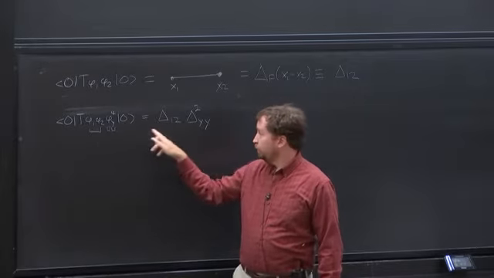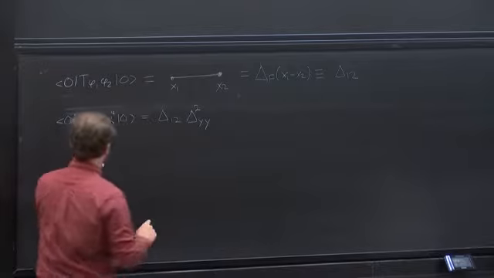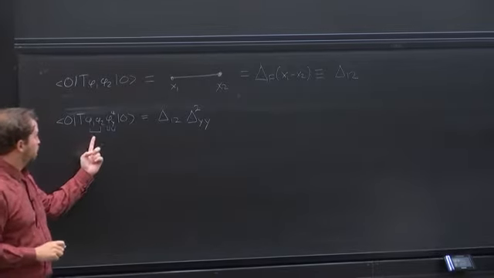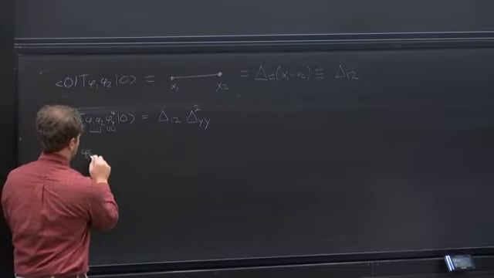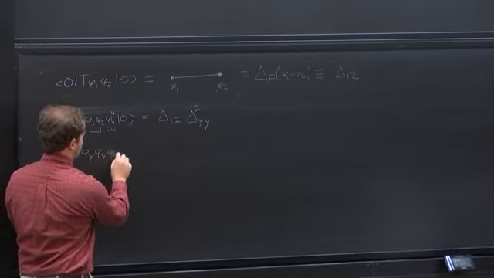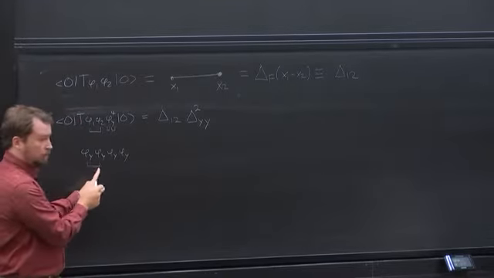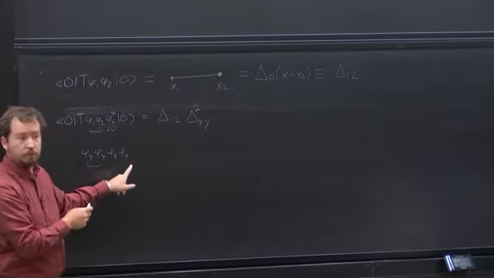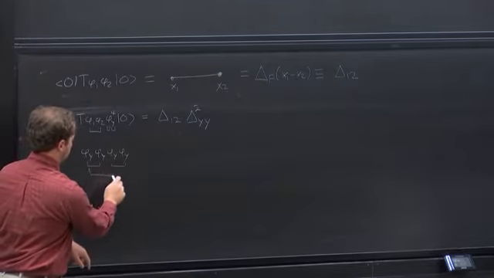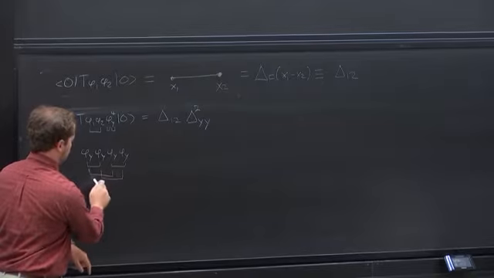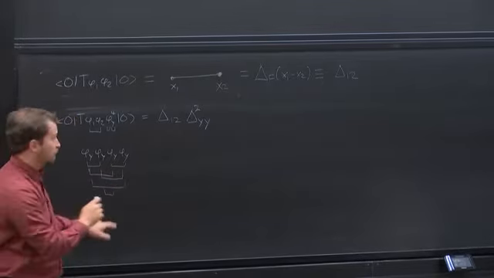It also has a coefficient, because there are several terms like this. There's only one possible way I can choose to contract phi1 with phi2. The phi y's, there are several possible ways. You contract first with the second, and then I'd be forced to contract the third and the fourth, or I could contract first and the third, and second and fourth, or the first and the fourth, and the second and the third. There are 3 terms like this.